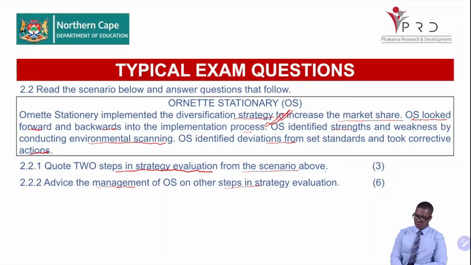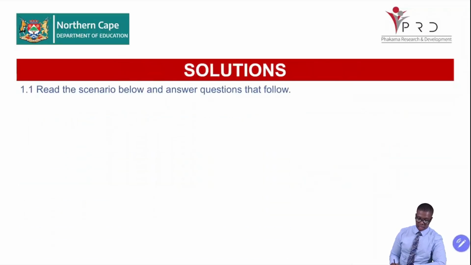But when we look into OS identifying strengths and weaknesses by conducting environmental scanning, that is actually a distractor, because this is part of the strategic management process. Therefore, you should not quote that, but you should rather quote this one here, because this is part of strategy evaluation, when we say OS identified deviations from set standards and took corrective action. So this is also correct for 2 marks. So let's check if we are correct with that analysis.